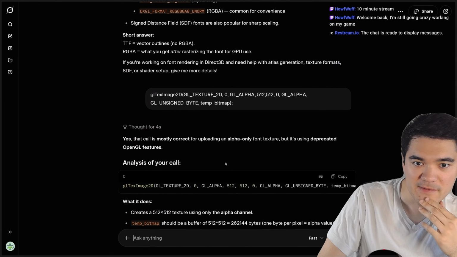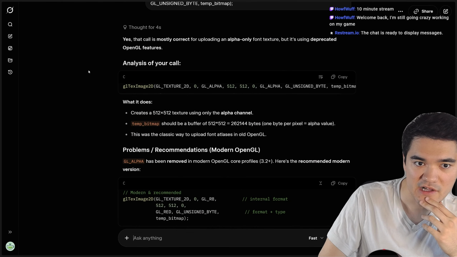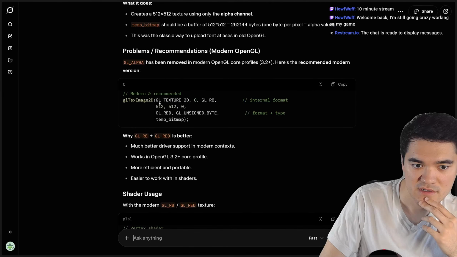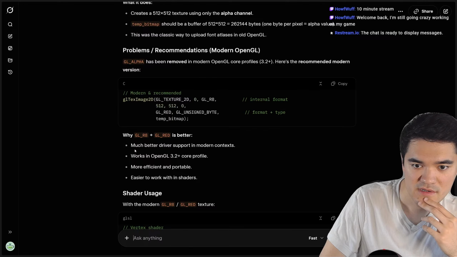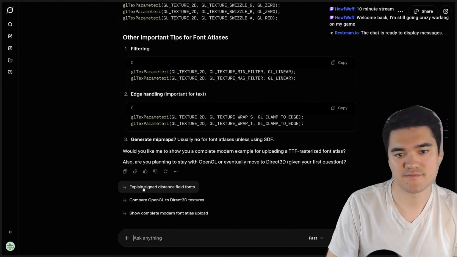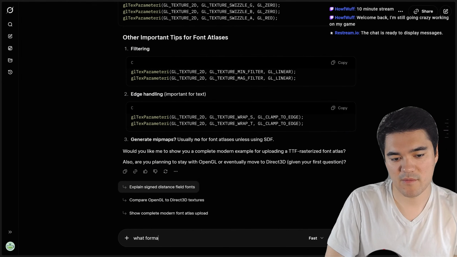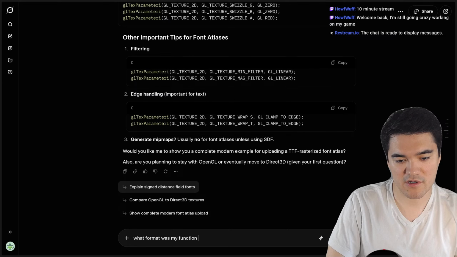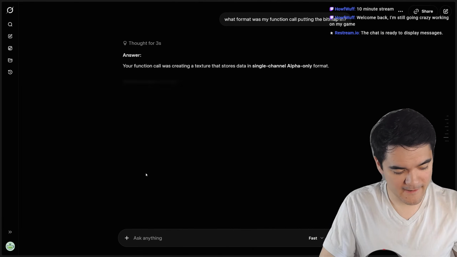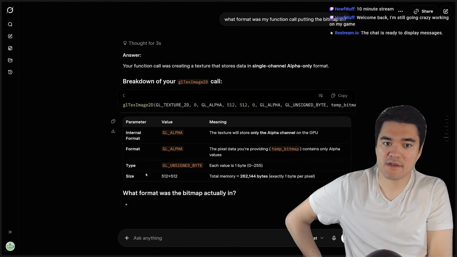Okay, what's this OpenGL say? Alpha only texture. What format was my... Okay, and then we really got to go here.